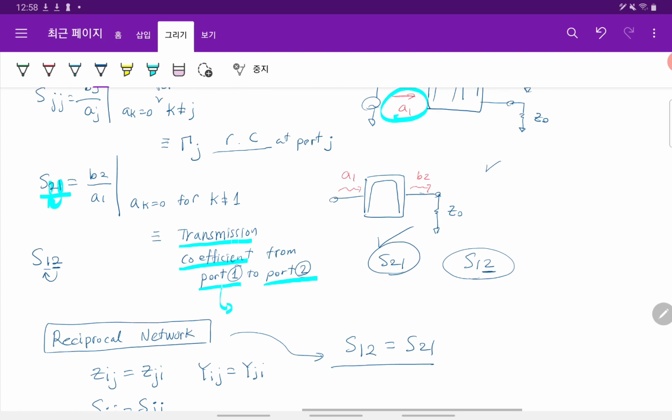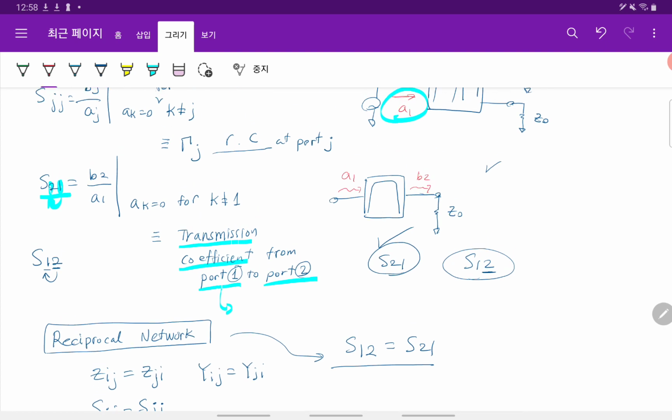So for this case, the filter, S21 means when port 1 is the source, right? So how much signal is transmitted from port 1 to port 2 when port 2 is matched. But S12 is this way, right? This is Z0 ohm, and then so it's A2 and then B1, right?